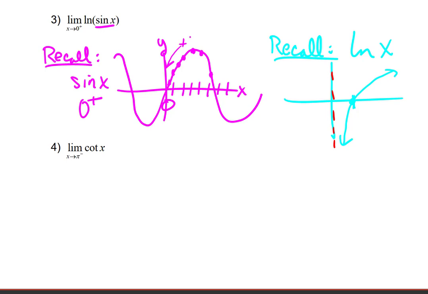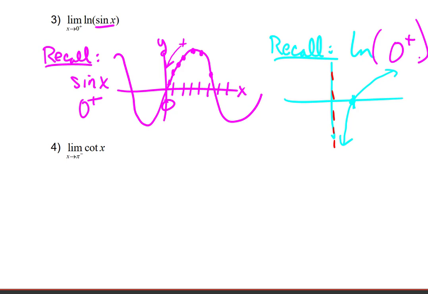Okay, the sine values would be like these y-coordinates of this graph walking down. The x values are approaching 0 from the right, but they're both plummeting down toward 0, which means I can go over to the outer function, the natural log function, and instead of writing the x, remember it was natural log of sine of x, so I can say natural log of 0 from the right, because that's what sine of x is doing.